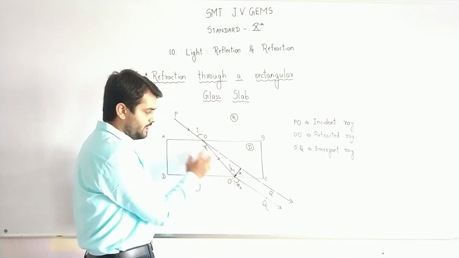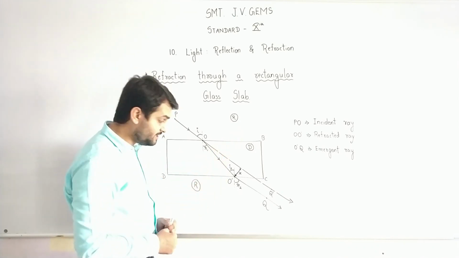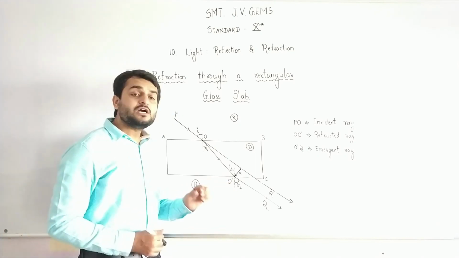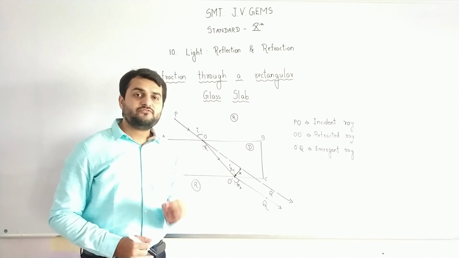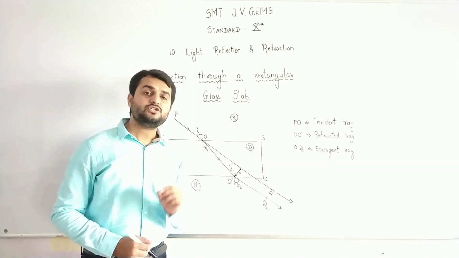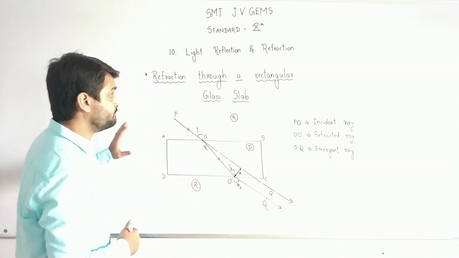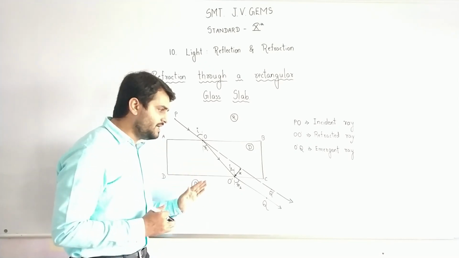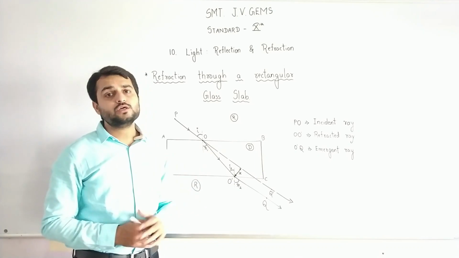Similar to I1, I2 is the angle of incidence, R2 is the angle of refraction. But here R2 is also called the angle of emergence or emergent angle. Now this particular question is very important as it can be asked for 3 marks or 4 marks.